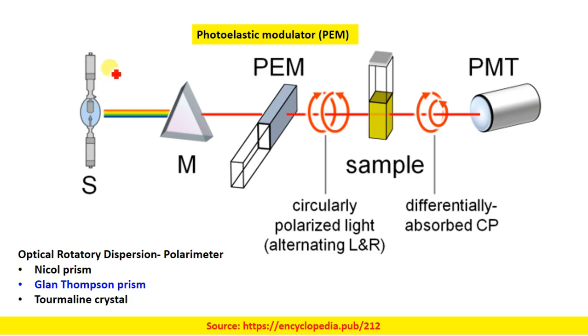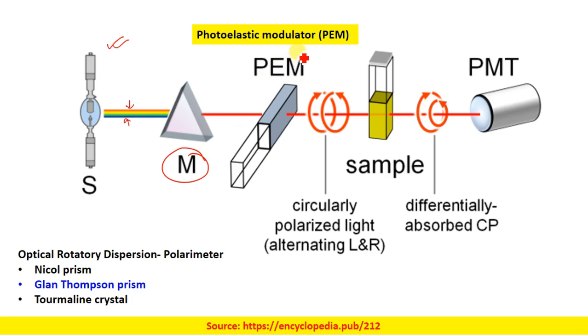We have the source as usual, so you can use whatever source you have used in your UV-visible spectroscopy in the visible range. You can use anything. Then you have a monochromator. So you have a broad white light, it falls onto this monochromator, and only a specific wavelength of light passes through.